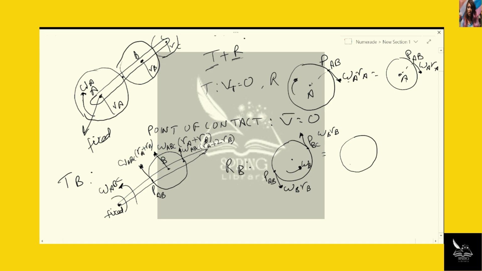So the net motion we get at PAB, this is omega B RB in this direction. So this is PAB, and then in this direction, omega ABC RA plus RB. And at this point, PBC, the velocity contributions from the rod and the circle are in this direction.